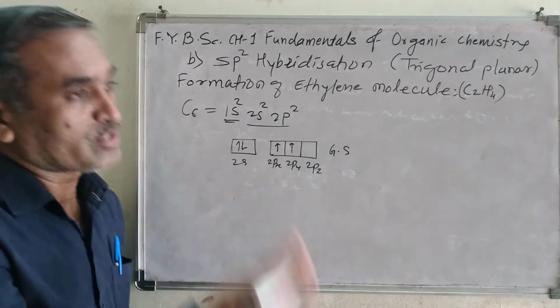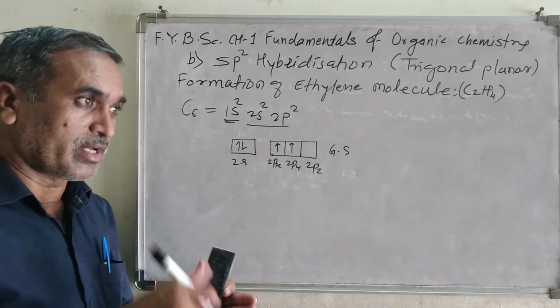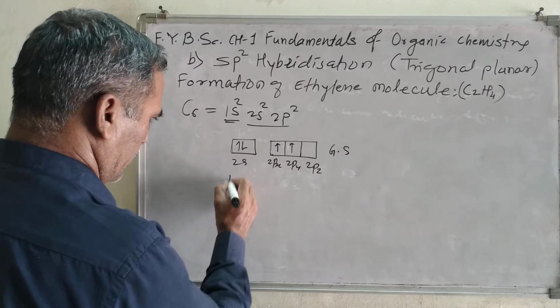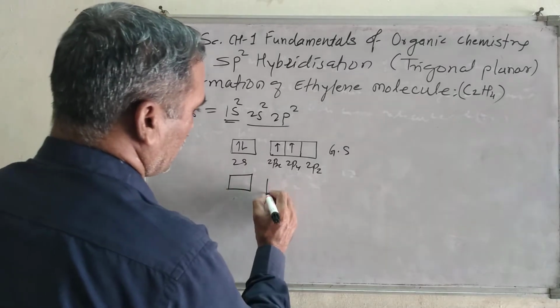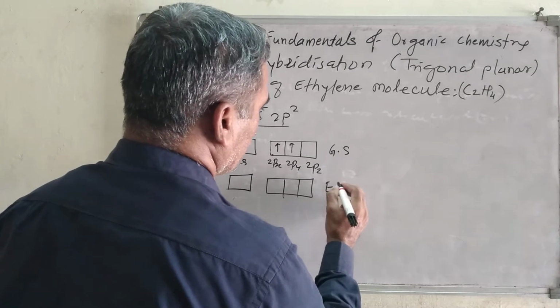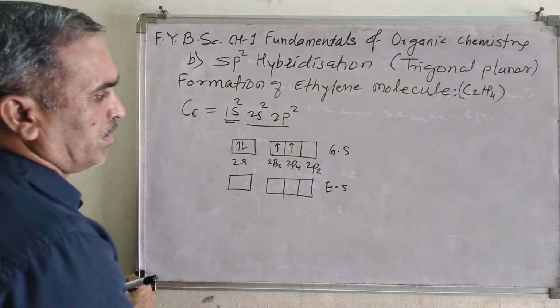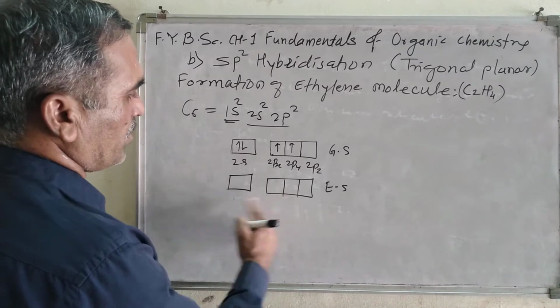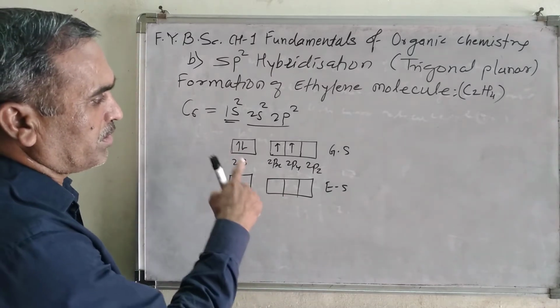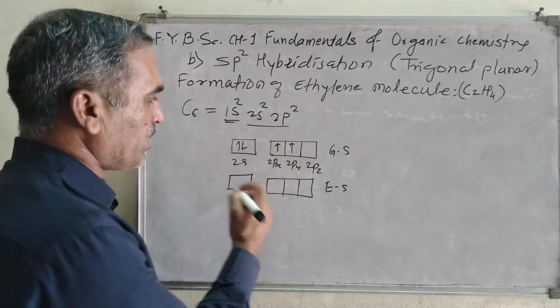When the molecule is formed, the carbon atom goes into the excited state, and the electronic configuration of the excited state will be like this. Here, one of the electrons from the 2s orbital is promoted into a p orbital.